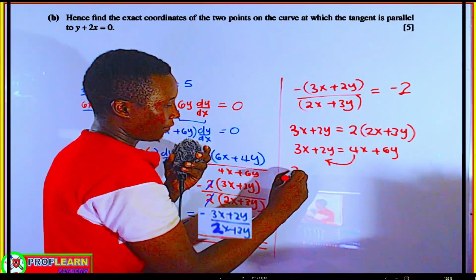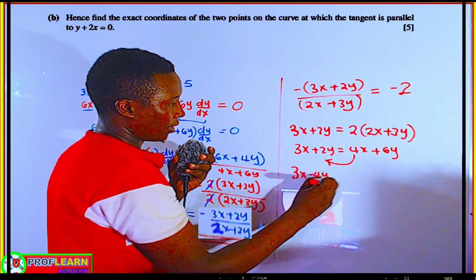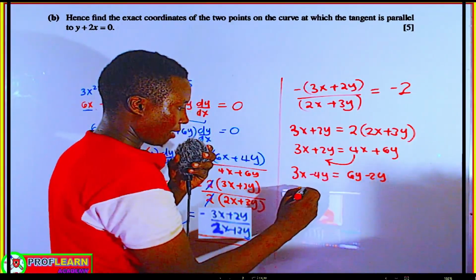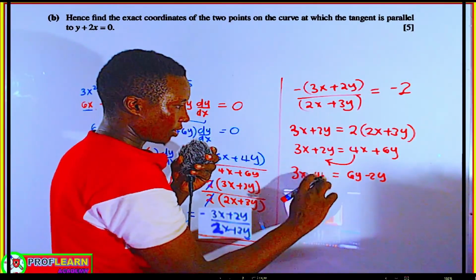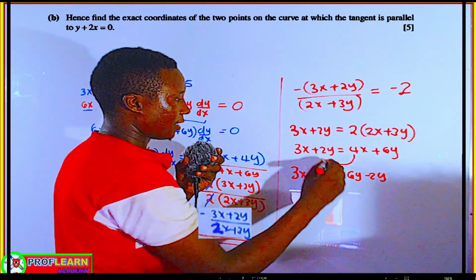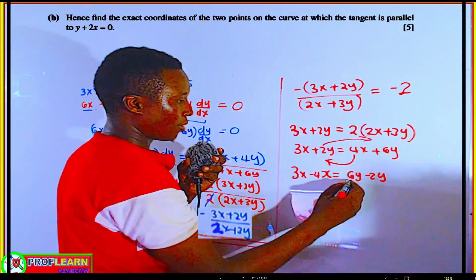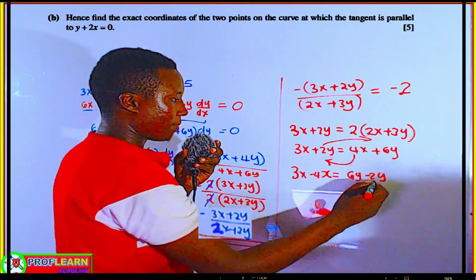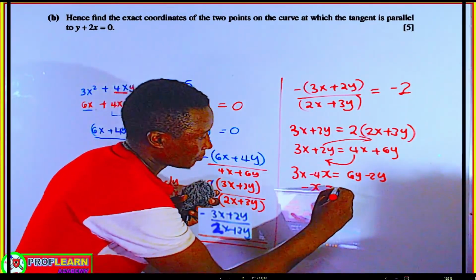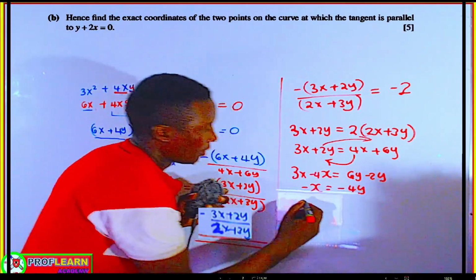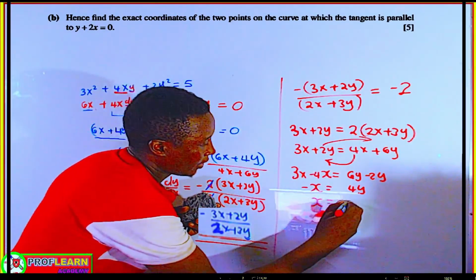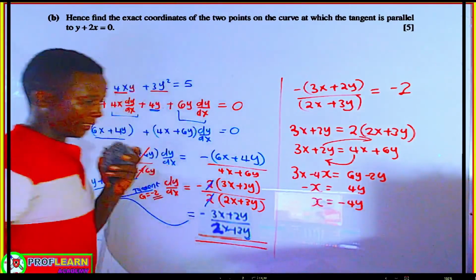We shall have 3x minus 4x, and if I take this on the other side, I'm going to have 6y minus 2y, and this is going to be negative x equals 4y, and this is going to be x equals negative 4y.